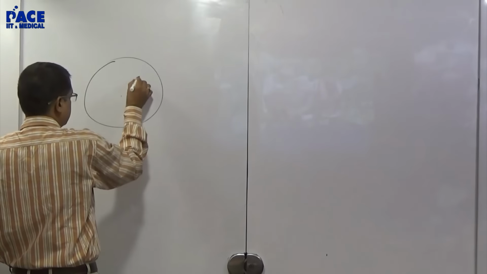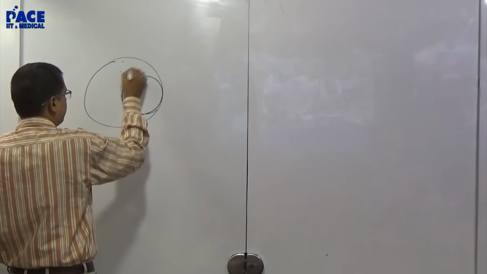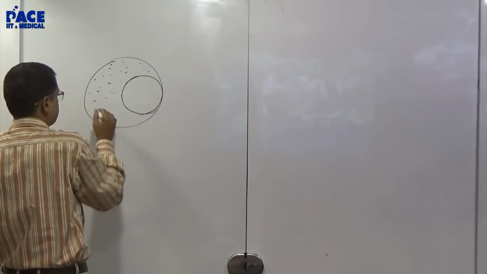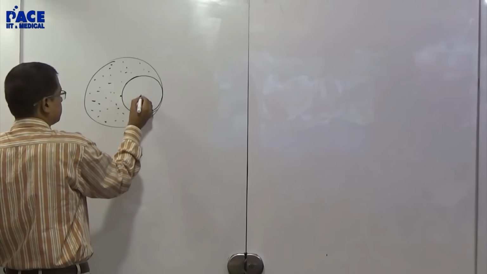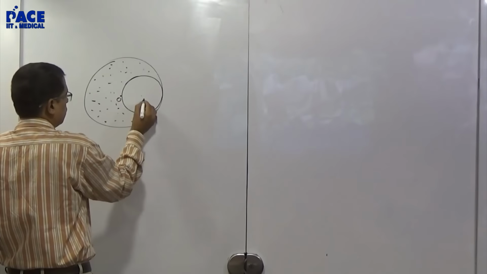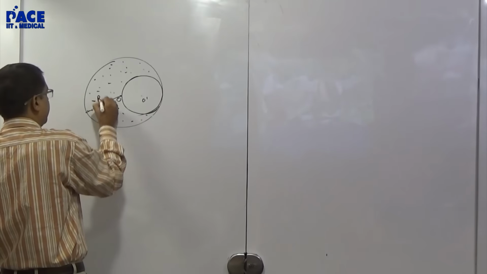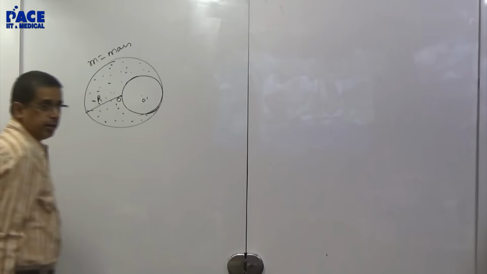A circular disc, and another circle is cut out from here. This is of radius r, and m is the mass of the dotted region.